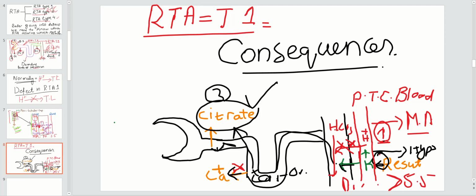For compensation, potassium ions are secreted into the tubular lumen, which results in hypokalemia. Both hypokalemia and metabolic acidosis lead to increased citrate reabsorption into the blood. And the fourth point is metabolic acidosis causes decreased reabsorption of calcium. Calcium stays in the lumen, leading to kidney stones. So in renal tubular acidosis type 1, you have metabolic acidosis, alkaline urine, hypokalemia, and then kidney stones.